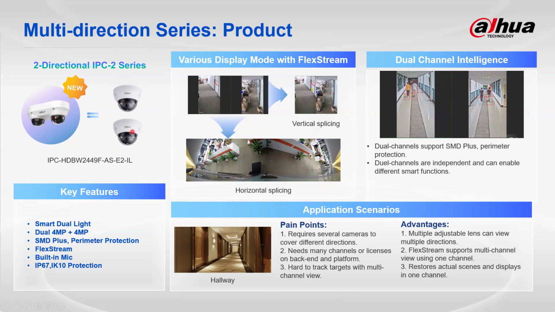The various display modes include the vertical splicing and the horizontal splicing, based on how you want the images seen. Then we have dual intelligence, which supports smart motion detection plus perimeter protection functions, and the dual channels are independent and can enable different smart functions independently.